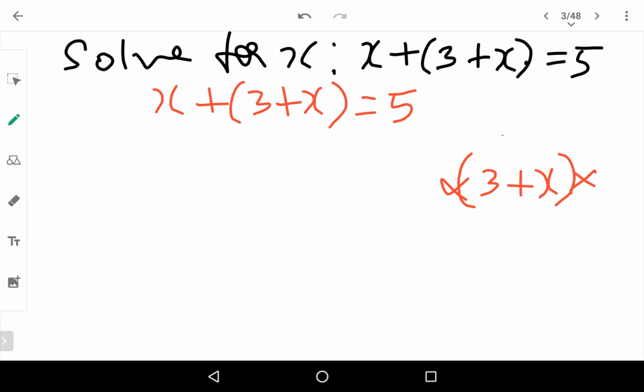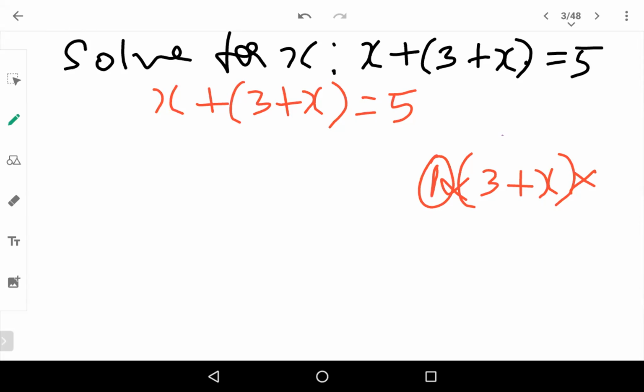For removal of brackets, if you have any number before the bracket, you should multiply with the number. If there is no number, then you're supposed to assume there is 1 before the bracket.